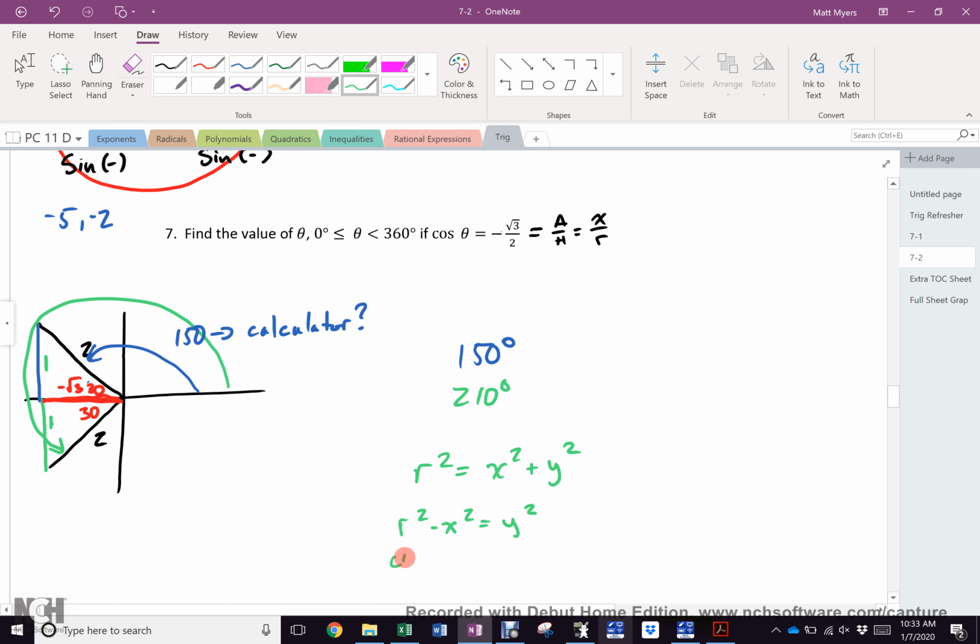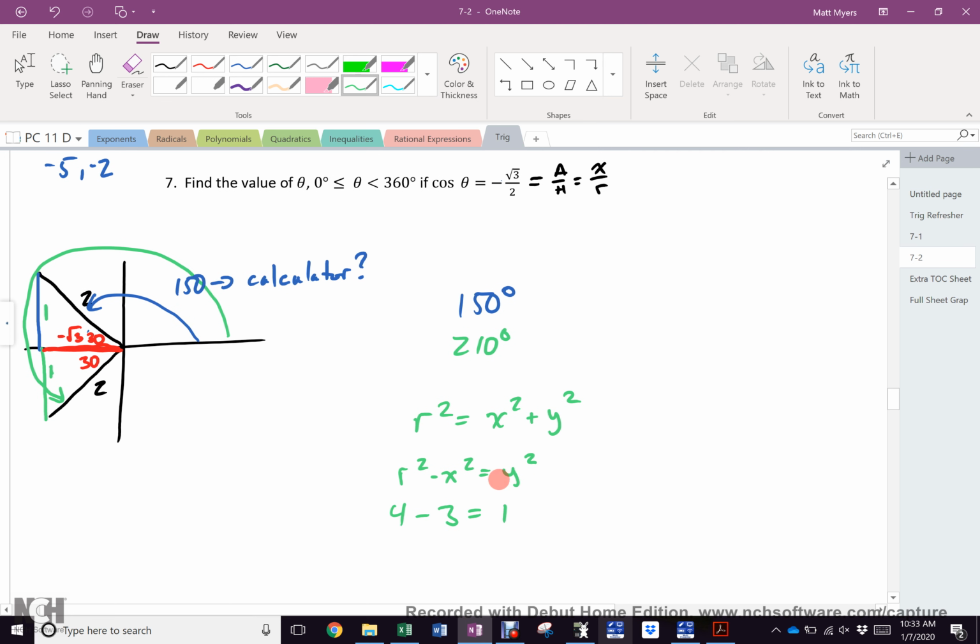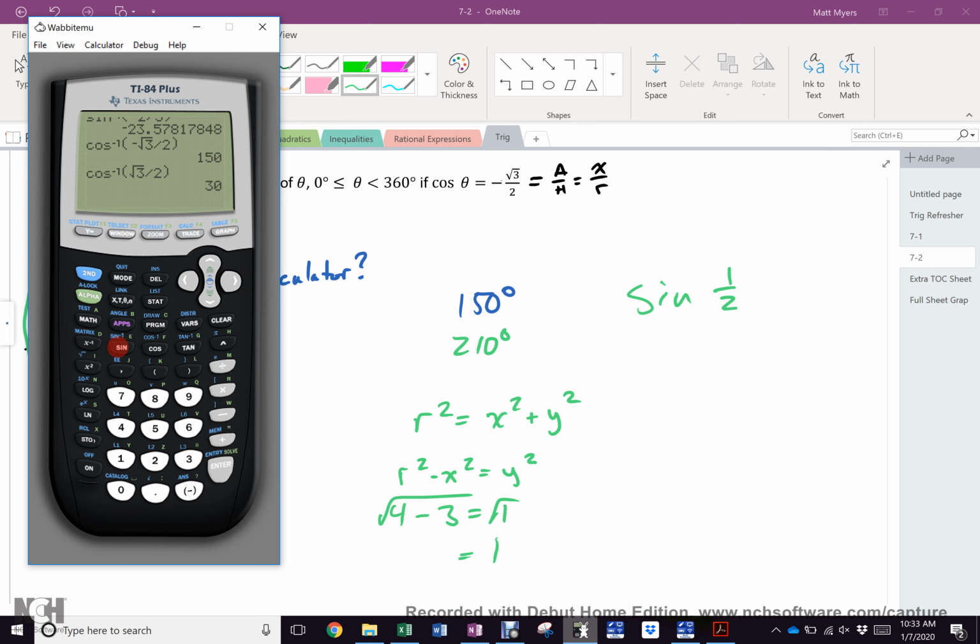R squared was 4. 4 minus x squared, root 3 squared is 3, would equal 1, right? Then I square root that. The square root of 1 is 1. Everybody cool? So now I know it's 1 over 2, right? Sine here is 1/2. Everybody agree? Go to your calculator. Second sine 1/2. You think it's going to give me 150? What's it going to give me? 30.